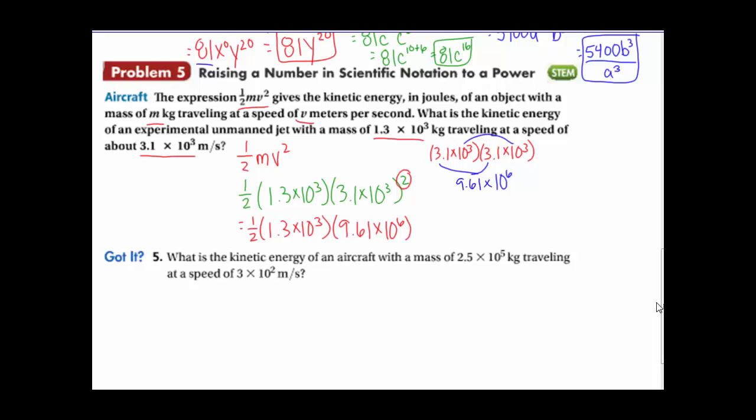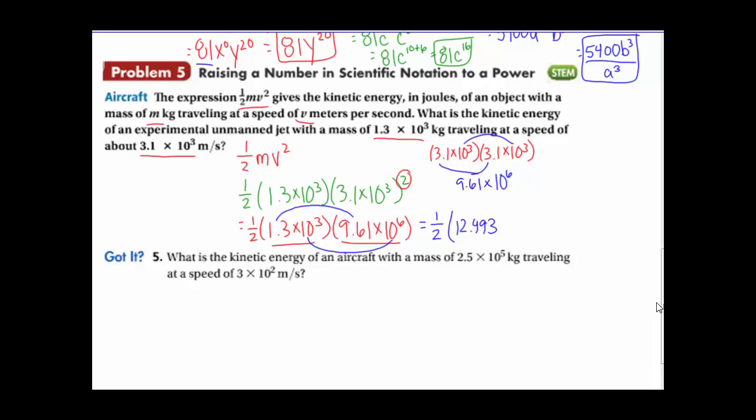All right, now we need to simplify a little more. We need to multiply both of these factors together. Using the same method as in the last step, we take 1.3 times 9.61 and 10 to the third times 10 to the 6th. If we multiply that out, our 1/2 is still out there. 1.3 times 9.61 gets us 12.493.